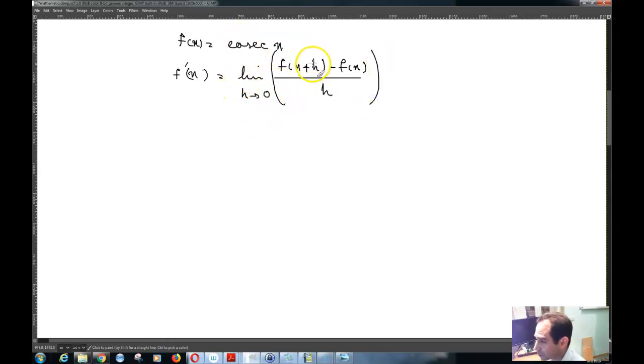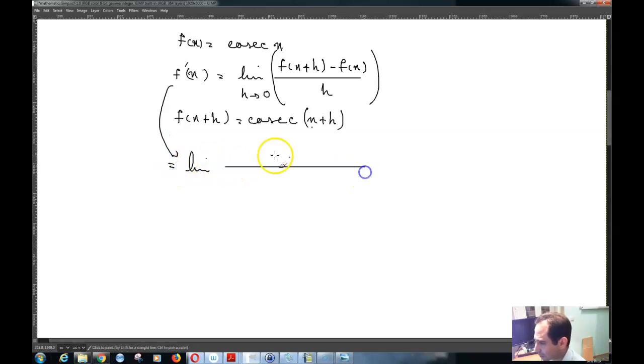So f of x plus h in this case is equal to cosecant of x plus h. So then this becomes the limit of cosecant of x plus h minus cosecant x over h as h tends to 0.